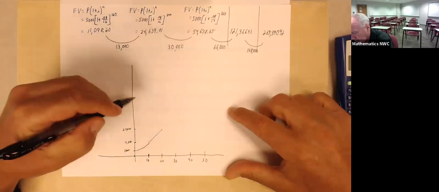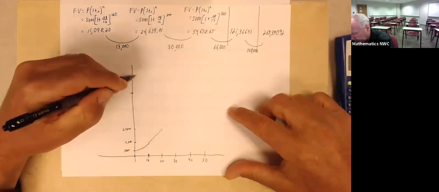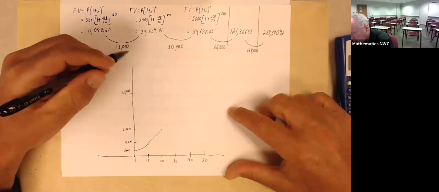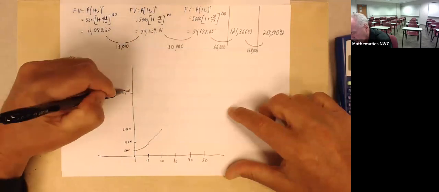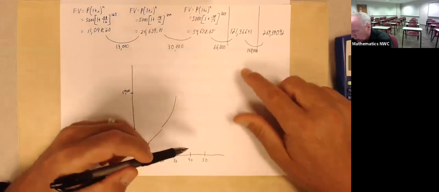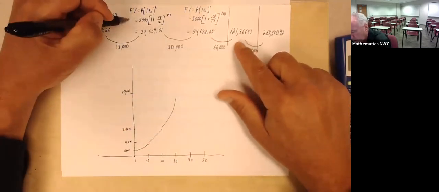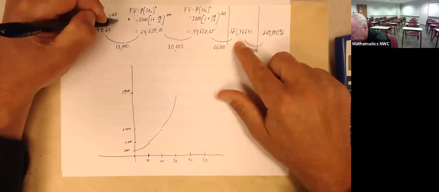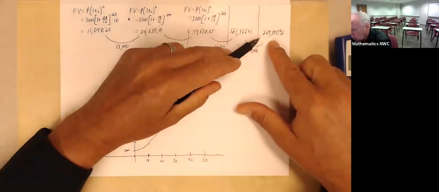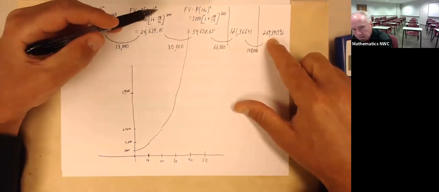After 30 years, it was about at 57,000. I apologize, 54,000. At 40 years, it's at 121,000, way up here. And this one would have gone right off the chart.